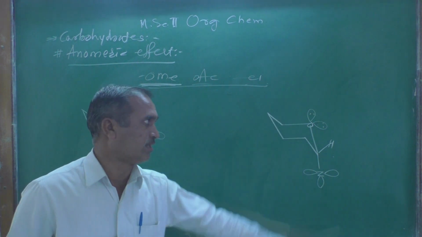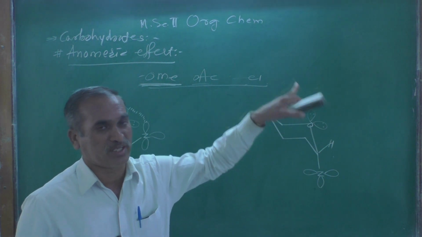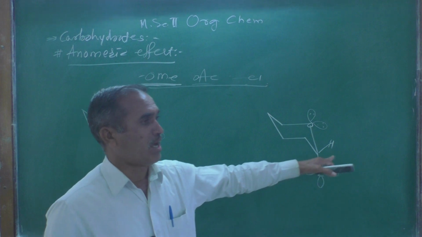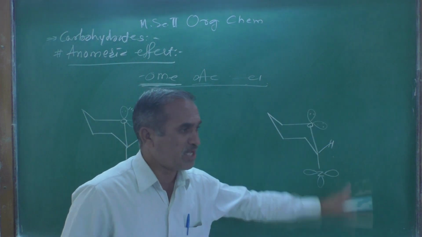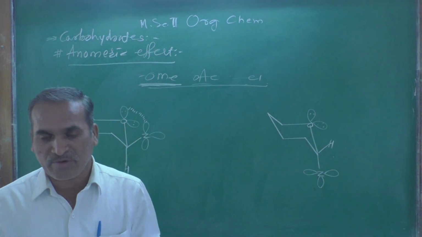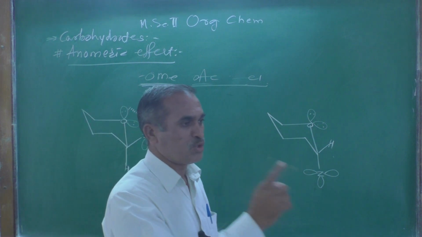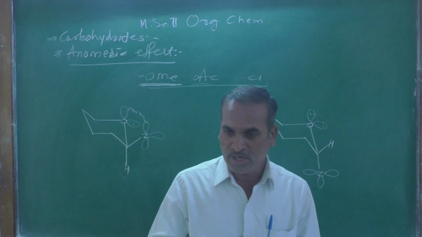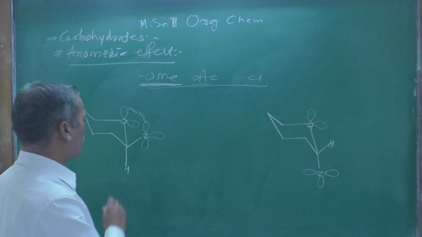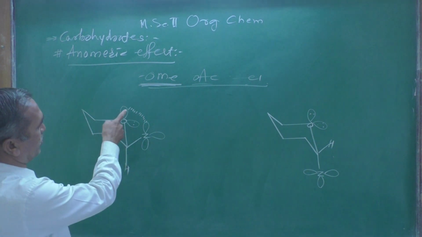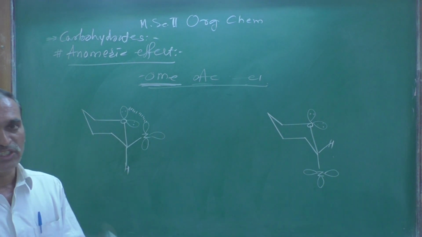Look at here, the lone pair which is present on the oxygen atom and this group are very far away from each other. There is no steric interaction. Now if you consider over here, there are steric interactions.